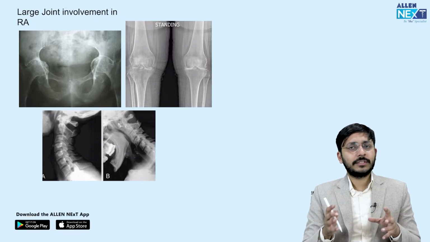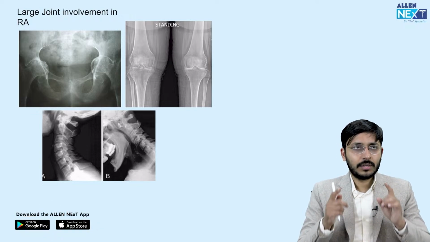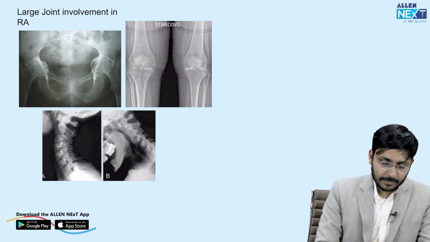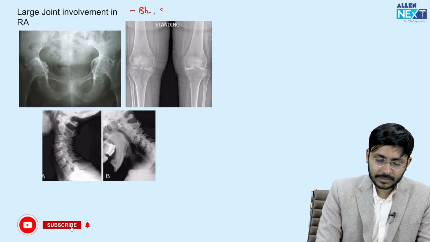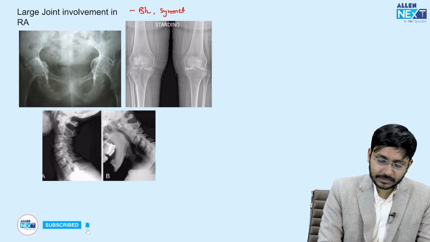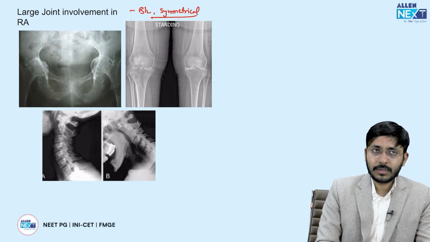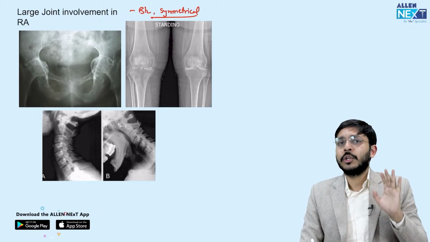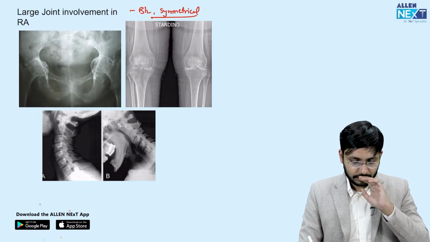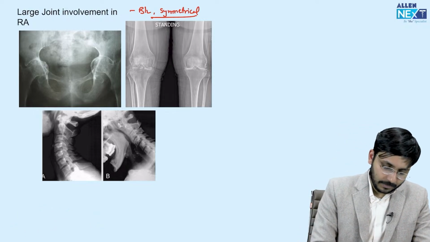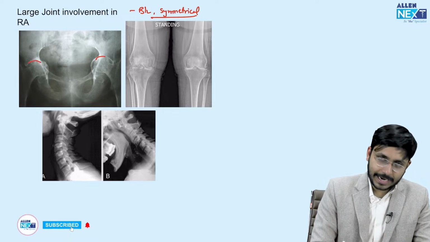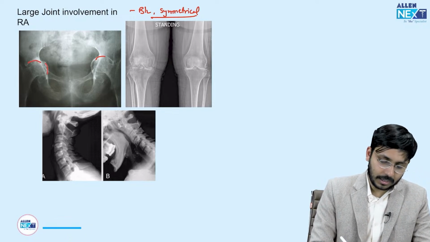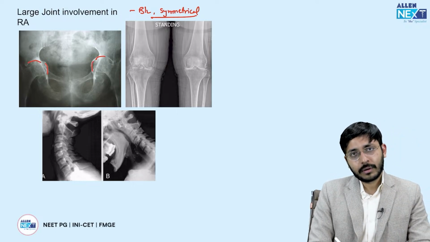And if the large joints are involved, first of all remember the distribution will be bilateral and symmetrical. That is, both the weight bearing and the non-weight bearing parts will be involved. So in the hips, the superior part is the weight bearing part that is involved, but even the medial part is also involved.